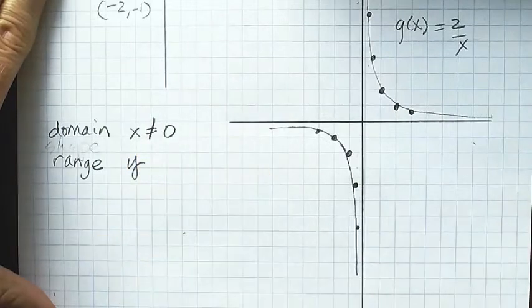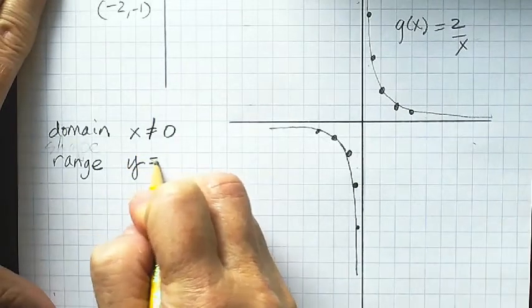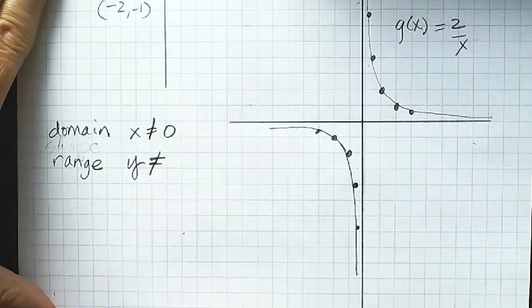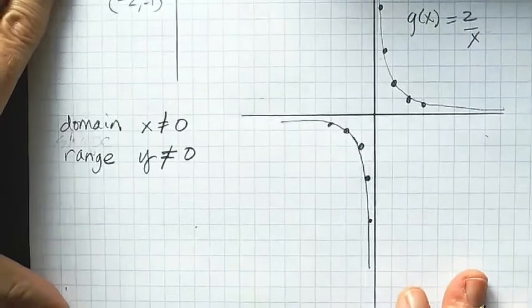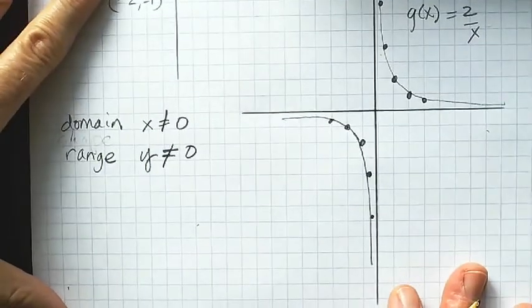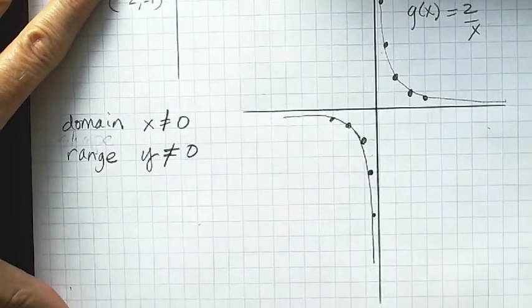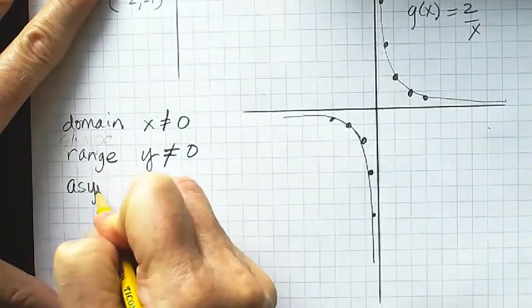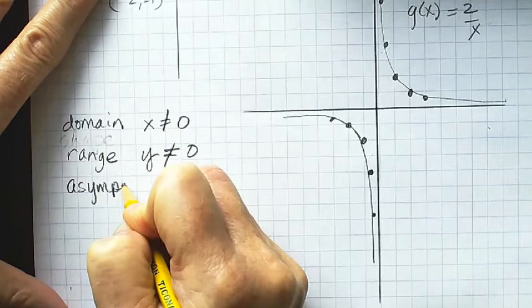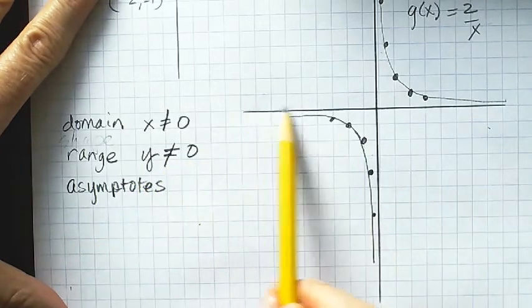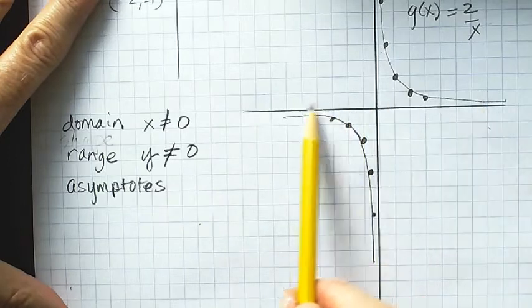You have an answer for every point except for x equals 0, and y is never going to equal 0. So that's kind of a shortcut way of writing our domain and range, since those two numbers are not included. Let's do asymptotes. So this graph is not crossing the x-axis either.